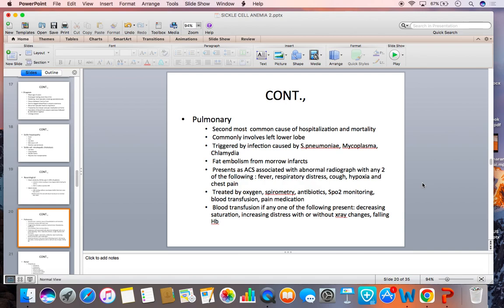Then go for blood transfusion if there is decreasing saturation, increasing distress, and falling hemoglobin levels, with or without X-ray changes. Understood?